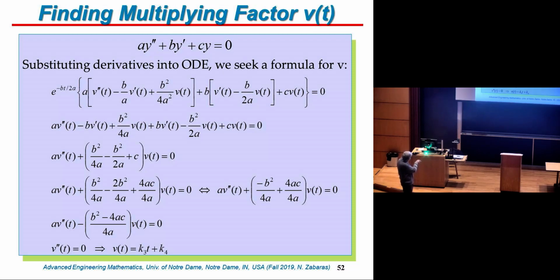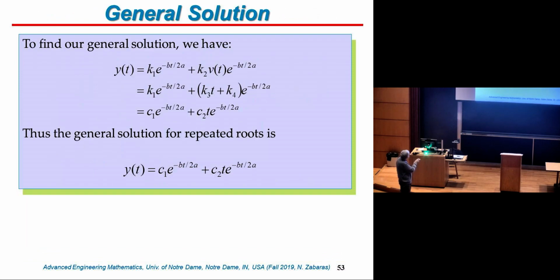So in this particular case, v of t is a linear function in t. Which means that y2 is a linear function in t times this fundamental solution. And this term alone, k2 times e to the minus bt over 2a, is nothing different from the first solution. So we don't really need k2. So what we need to keep is t e to the minus bt over 2a. That's it.